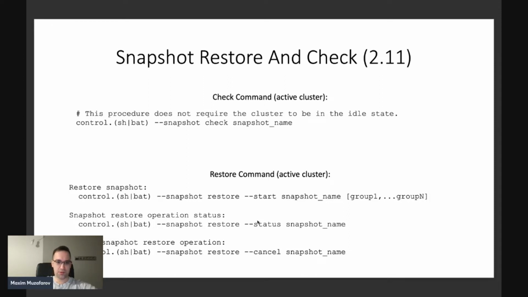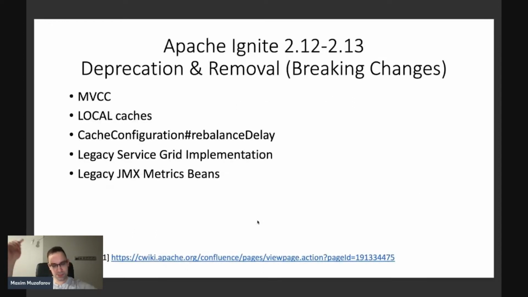This is my top 3 improvements of the Ignite release, and I also have a few slides to discuss the next Apache Ignite releases, because from my point of view, they are also important. First of all, let's talk about the deprecation and removal commands, because they are breaking changes for the next few releases.